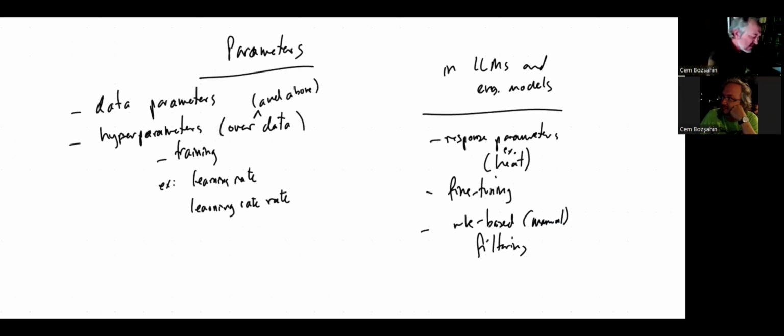So the difference is, scientific models are transparent.